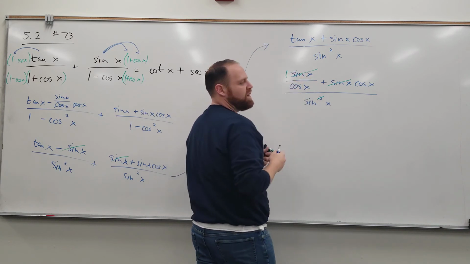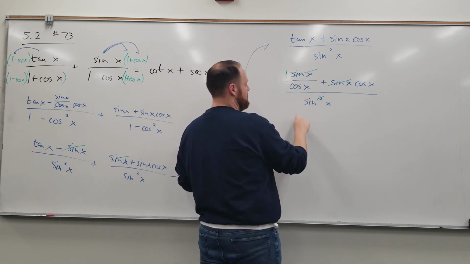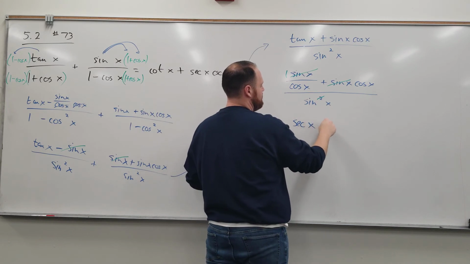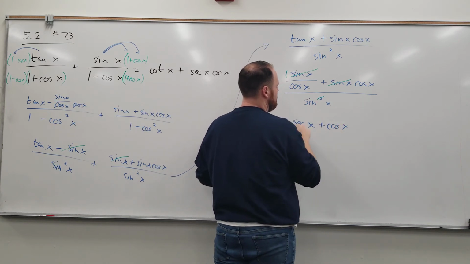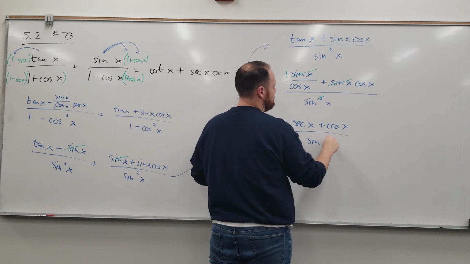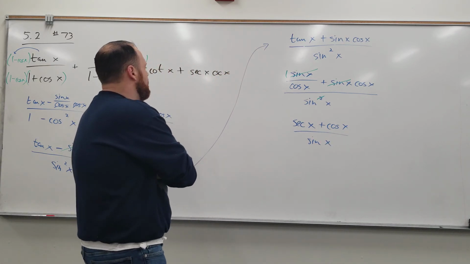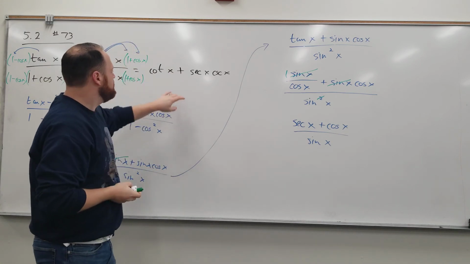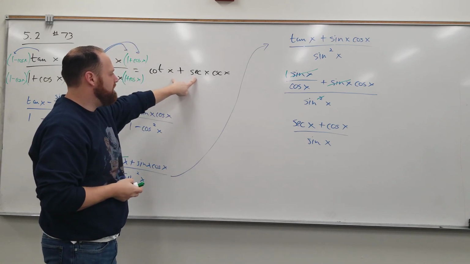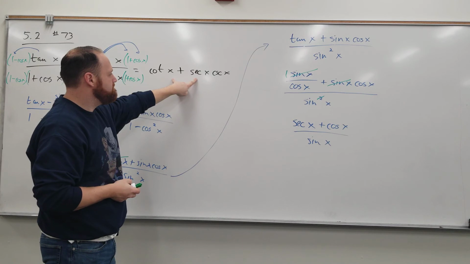Now I've got a 1 over cosine x, which is the same as secant, right? So I've got secant x plus cosine x over sine x, which looks a little nicer. Can I get it to look like that? I don't know, man.